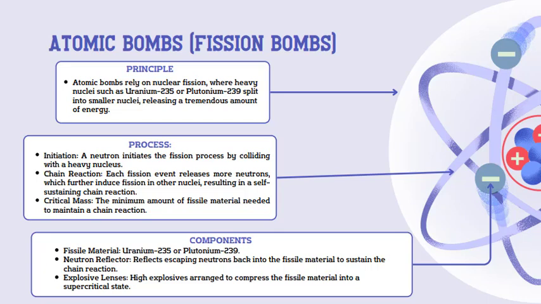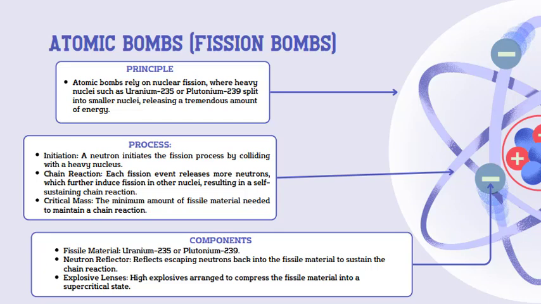So the principle of atomic bombs: they rely on nuclear fission, where heavy nuclei such as uranium-235 or plutonium-239 split into smaller nuclei, releasing a tremendous amount of energy. The process includes initiation, chain reaction, and critical mass.